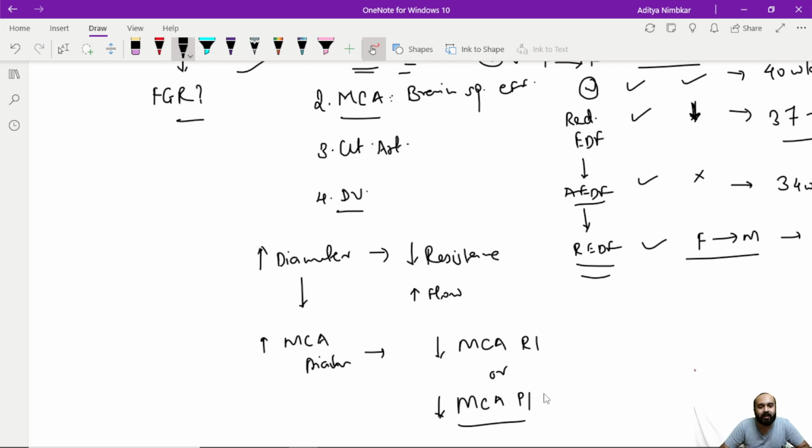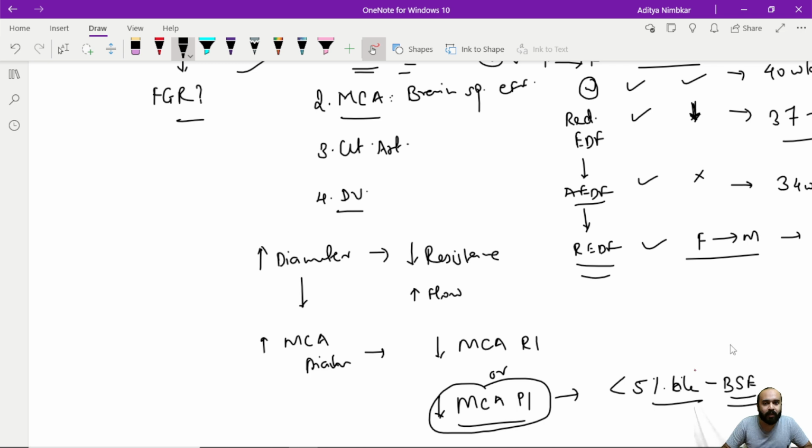So basically an increase in the diameter is reflected by reduced MCA PI. When this MCA pulsatility index falls below the 5th centile, that is when we say that brain sparing effect has occurred. This brain sparing effect is an indication that I have to terminate this pregnancy anywhere between 36 to 37 weeks of gestation. So this is the importance of the middle cerebral artery.